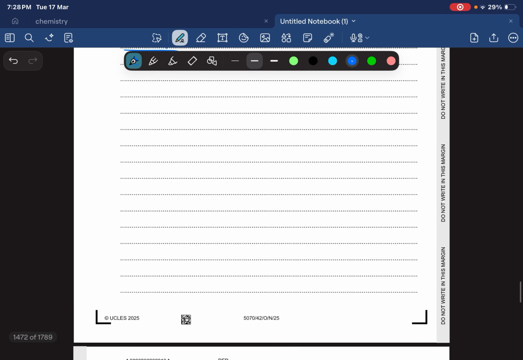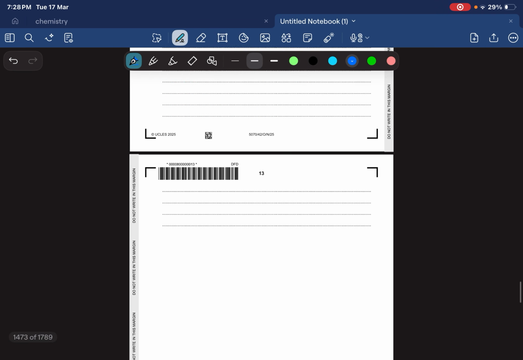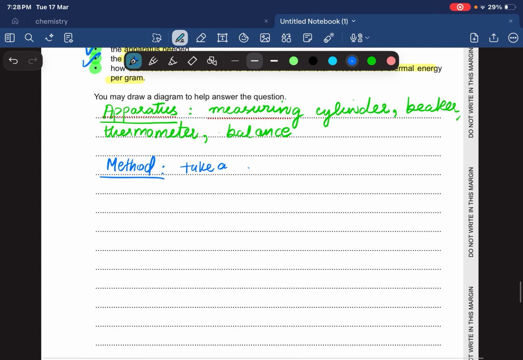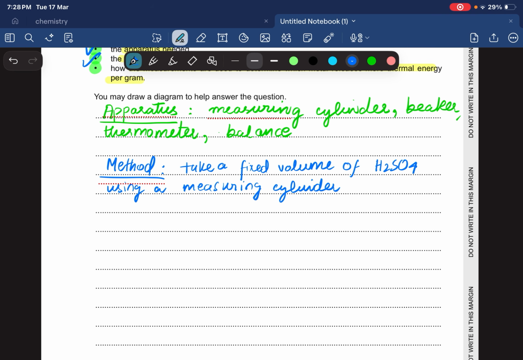The method: you have a lot of space. I don't know how many lines there are, but there are a lot, so you can write the entire method however you feel like. Take a fixed volume of H2SO4 using a measuring cylinder and pour it into a beaker.